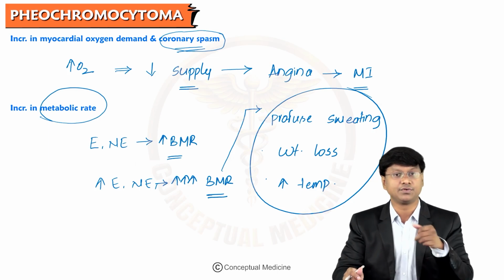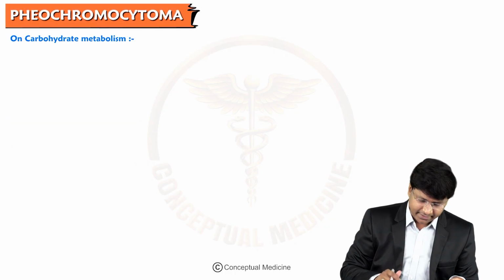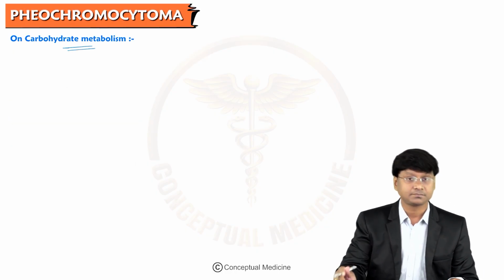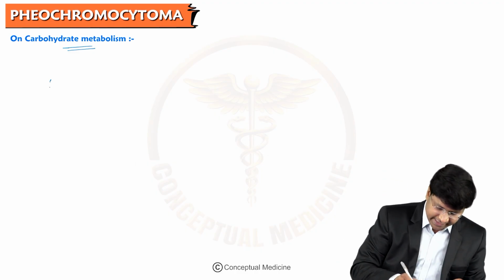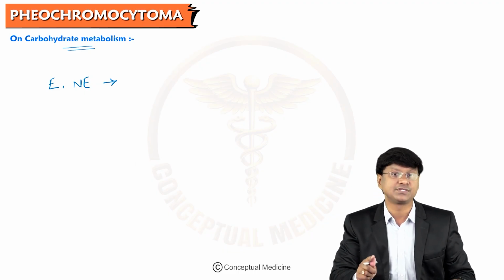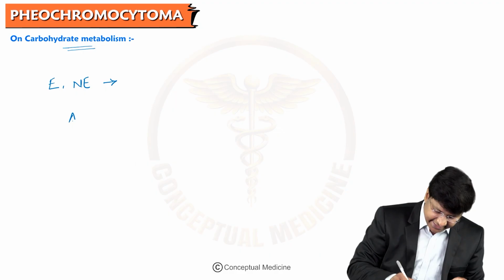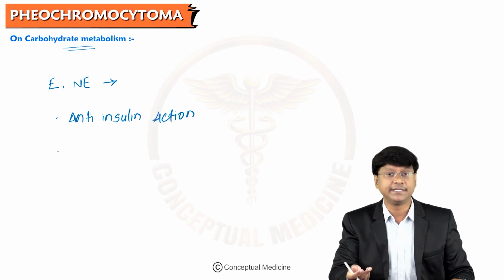Next, having discussed the cardiovascular manifestations as well as the basal metabolic rate, let me tell you what will happen in patients with pheochromocytoma on carbohydrate metabolism. Again, you should know what epinephrine and norepinephrine do on carbohydrate metabolism. Please remember, epinephrine and norepinephrine have anti-insulin action, so they reduce the activity of insulin.